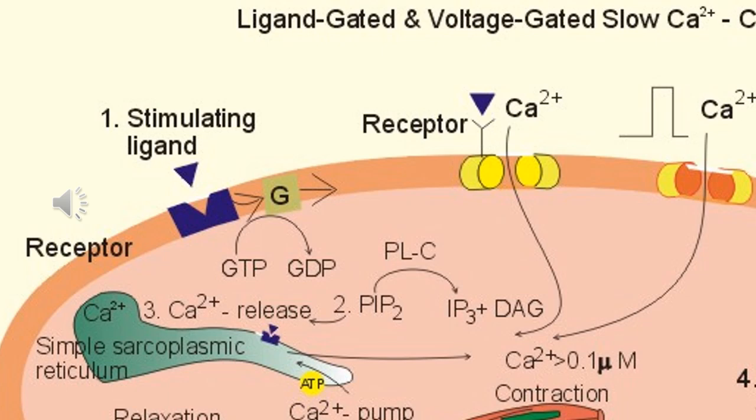Third, we also have a change in voltage that can open voltage-gated calcium channels, causing an influx of calcium, and then again, we have an increment in the cytosol calcium. So we have three ways in which we can identify influx of calcium into the cytosol.